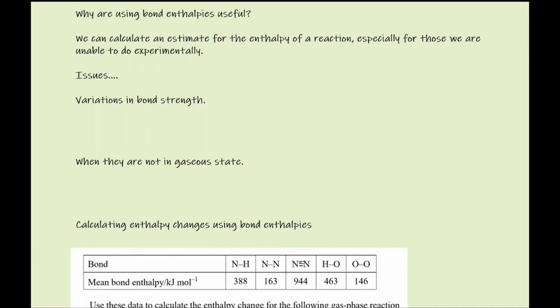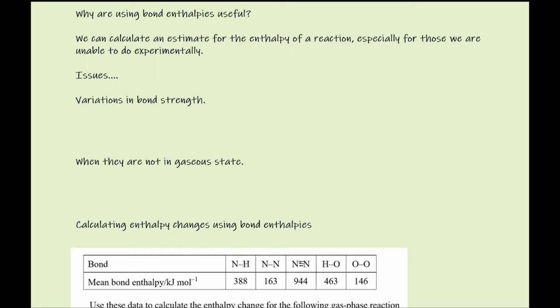So we're going to use bond enthalpies, like I mentioned before, to calculate enthalpy changes. Now, up until this point, we've looked at using Q equals MC delta T to calculate enthalpy changes, or Hess cycles, as long as we know other enthalpies like enthalpy of formation and combustion.